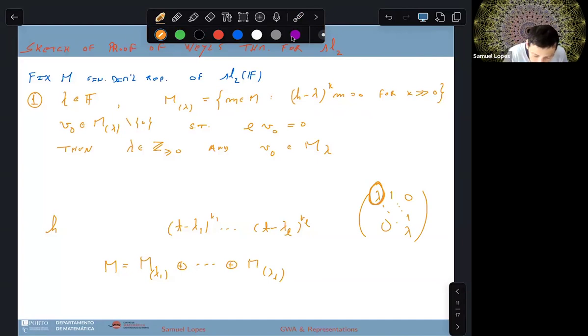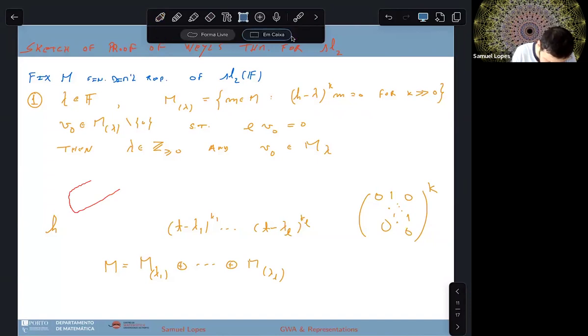But if to this matrix I subtract lambda, which means that I would get zeros here, and I raise it to a high enough power, I will get 0. And this can be proved very easily. I'm sure most of you have seen it in the advanced linear algebra class. Essentially it uses the Chinese remainder theorem.